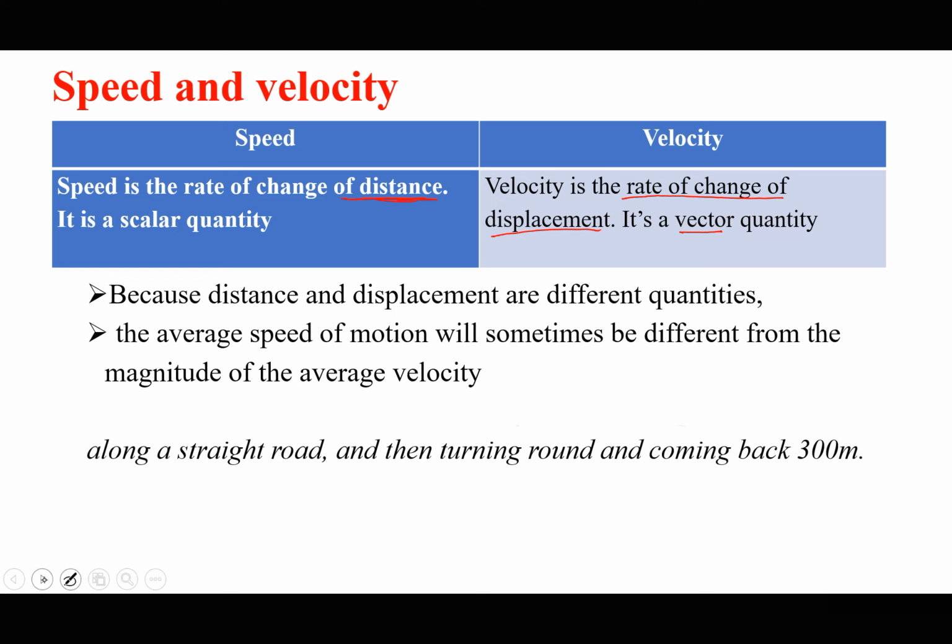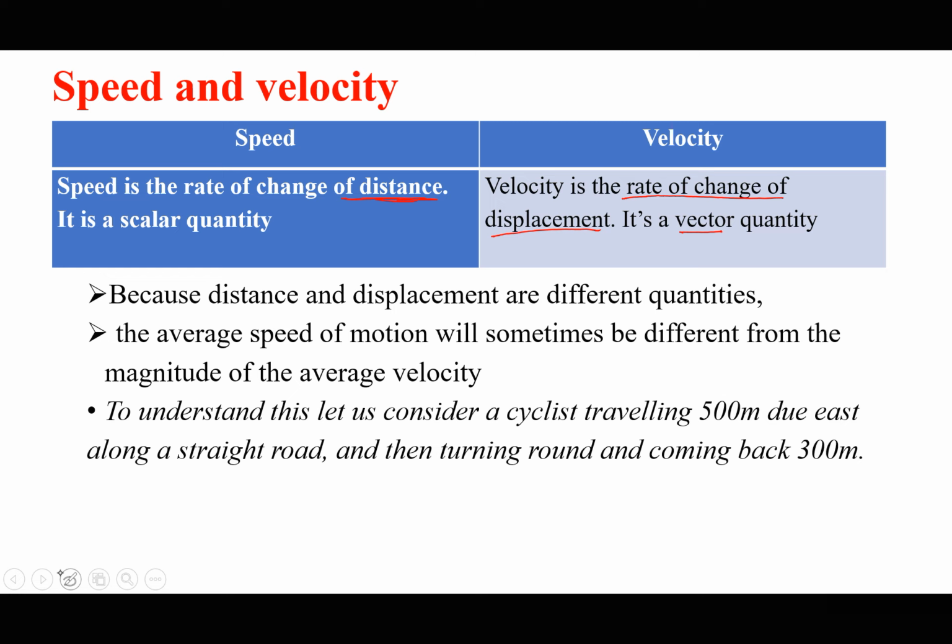So we are going to understand this by considering this example. Let's consider a cyclist traveling 500 meters due east along a straight road, and then turning around and coming back 300 meters. You might ask yourself, what is the average speed and what is the average velocity?